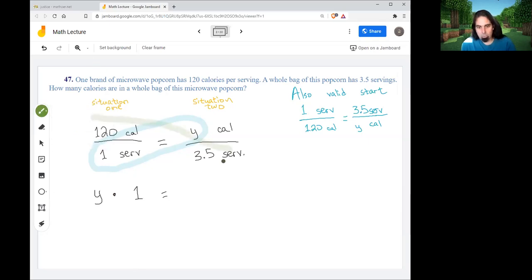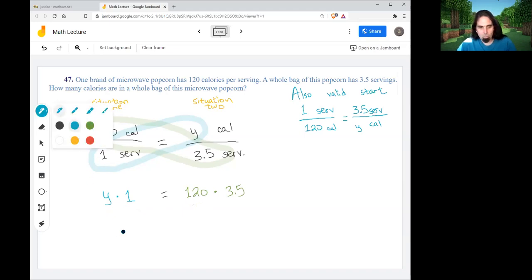Okay, then I multiply the other way, 120 times 3.5. Again, it doesn't matter which order I write it in. Oops, I am failing my color coding. Let me make the y times 1 blue. So I always get something that says y times something else equals some other thing. And I know how to do those. Y times 1 is just y. 120 times 3.5.